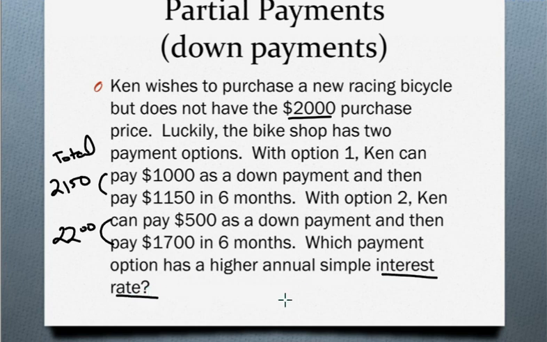So that means for the interest rate, we have to go through and solve I equals PRT. We're going to figure out I equals PRT for both of these scenarios. The first scenario: if he ends up paying a total of $2,150 for a bike that costs $2,000, how much is the interest?